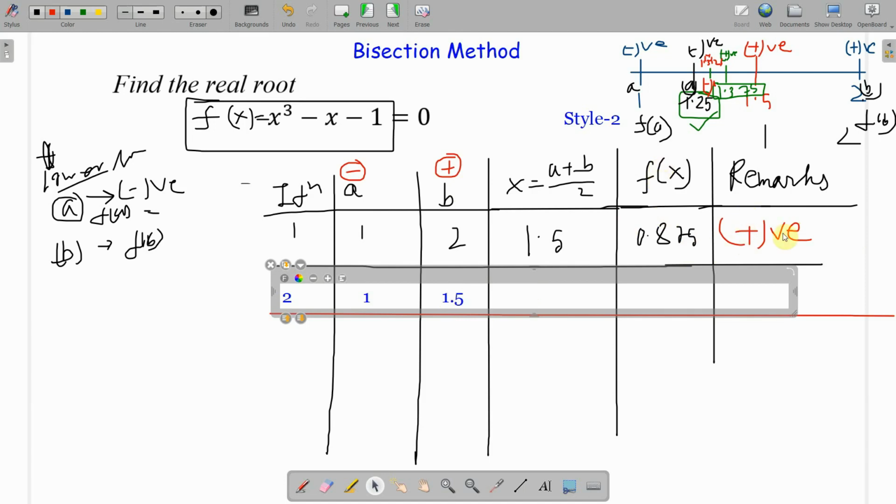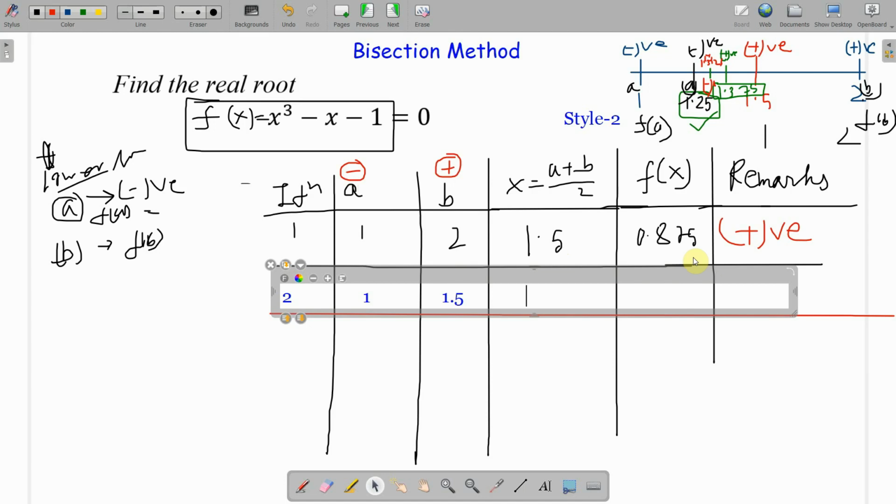So if fx is positive, then you will update the b value in the next iteration, by replacing it with the x value, where the negative a point will be fixed. That's the common concept. Remember this, because when we do regula falsi or Newton-Raphson, all of this will be needed.